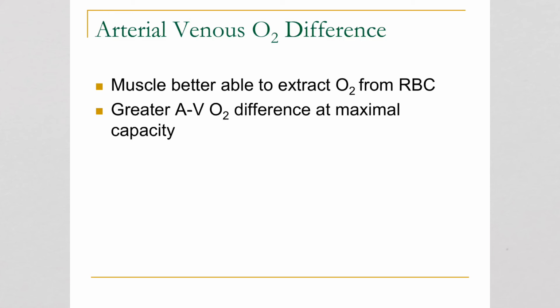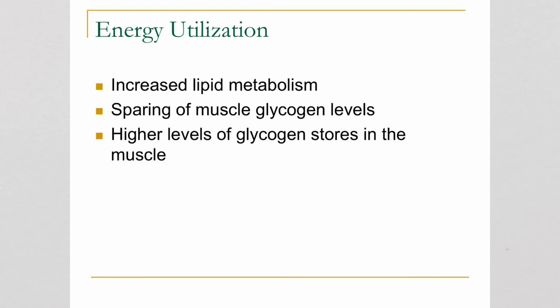Our muscles do a better job of extracting the oxygen. Remember, we have that oxygen delivered. At rest, the muscles only extract maybe 20 to 30% of the oxygen from the blood. During exercise, though, our body learns how to extract even more. So we do a better job of using what's delivered to our benefit.